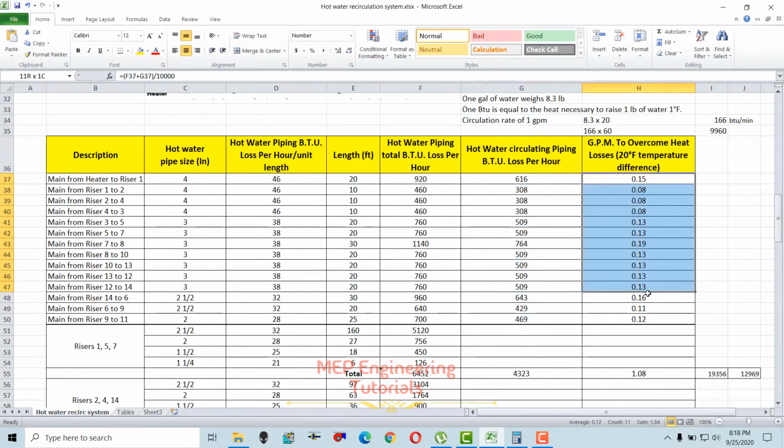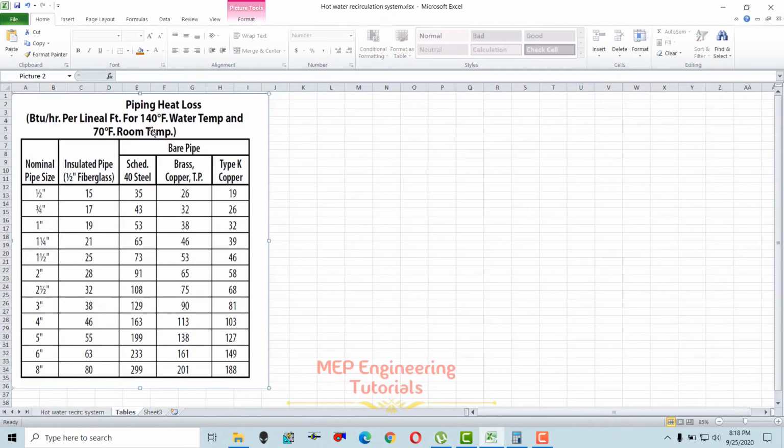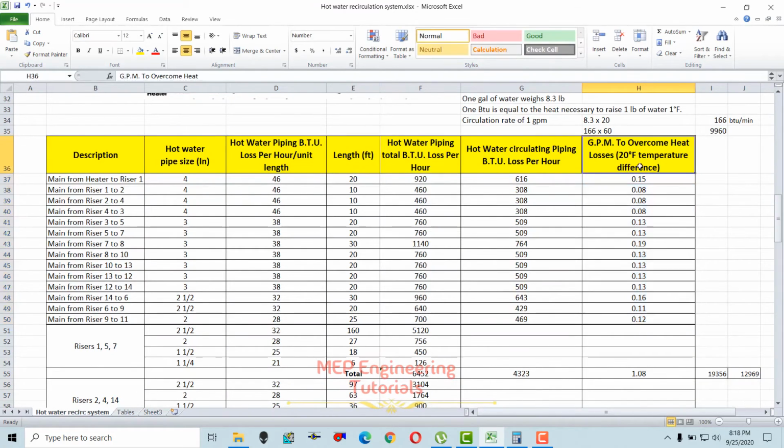Next you have to calculate here the GPM, gallons per minute, to overcome the heat losses based on a 20°F temperature difference. As we mentioned earlier, the supply temperature from the heater is 140°F. Based on our assumption of a 20°F temperature difference, the hot water supply temperature is 140 and recirculation is 120.